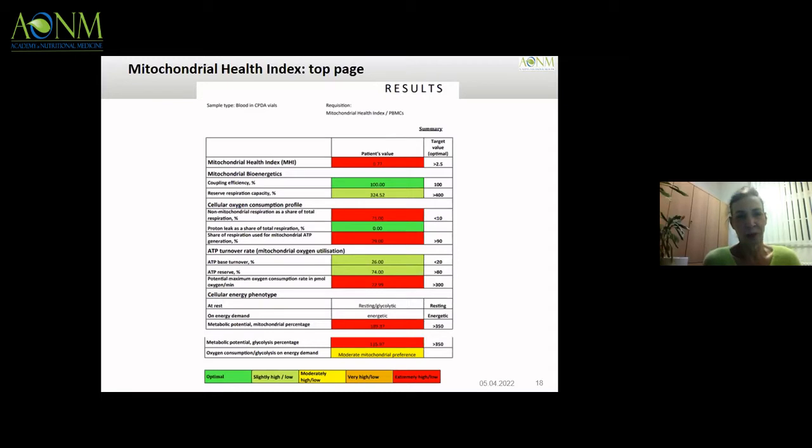It's too little. You also see that the cellular energy phenotype is glycolytic. So the cell is using anaerobic glycolysis, producing lactate. So even in a resting state, the cell is not able to produce enough ATP through the mitochondria.